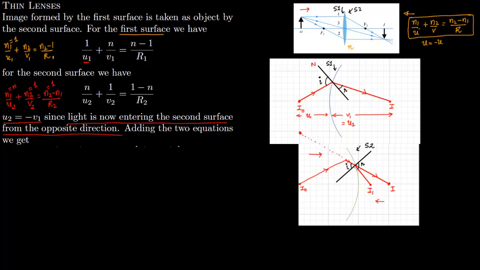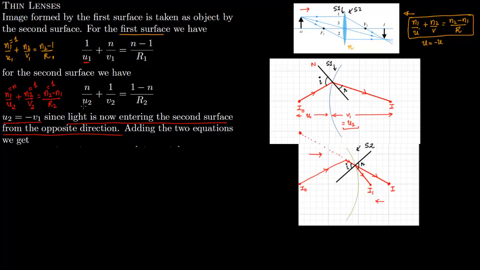So we are just following the ray of light, and the object seems to be somewhere here rather than here. In that case also, you're traveling in the opposite direction of light, and therefore you get u2 as minus v1, because your first image is here and your surface lies on the left of the image.